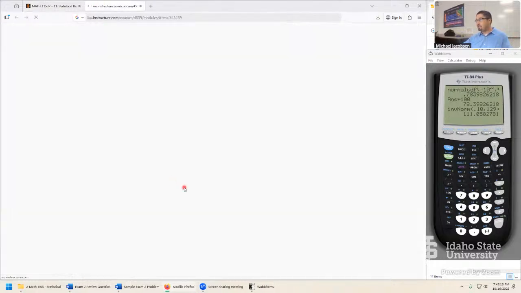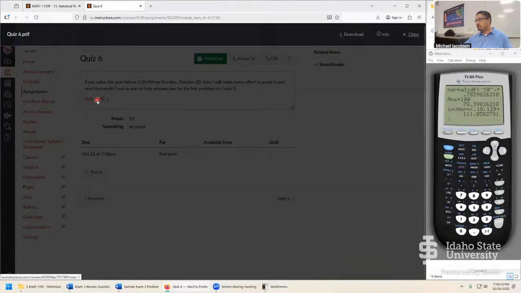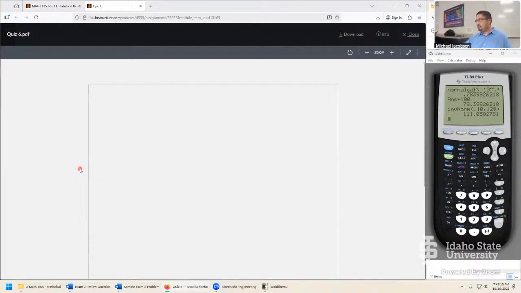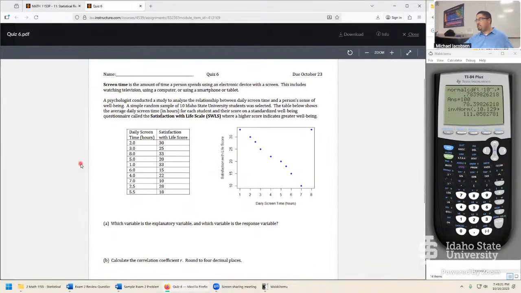Quiz 6 looks like this. It's a chapter 6 problem. So same kind of stuff as we've done before, slightly different kind of context on this one. Looks like this one's about psychology and satisfaction with life scale. That's a real scale that they use in that discipline.